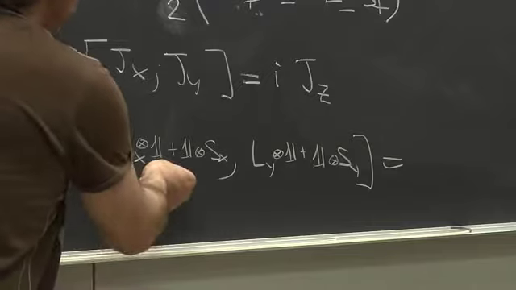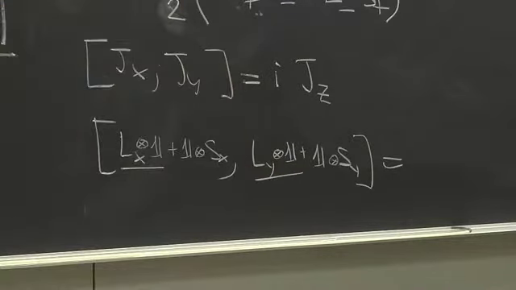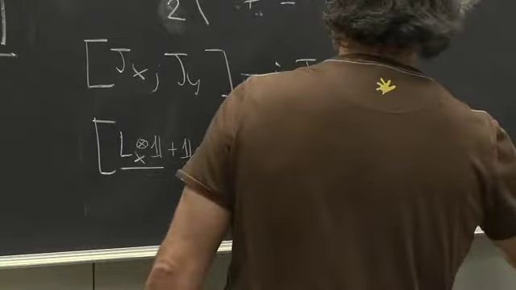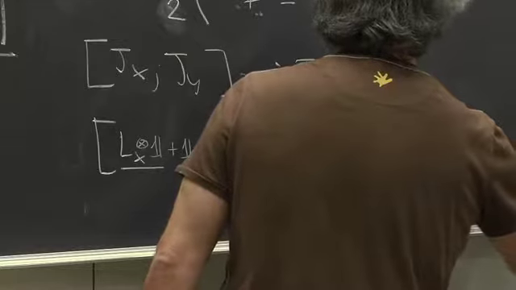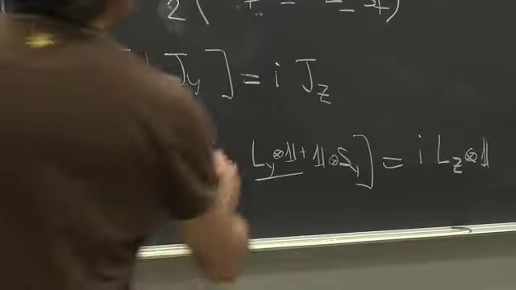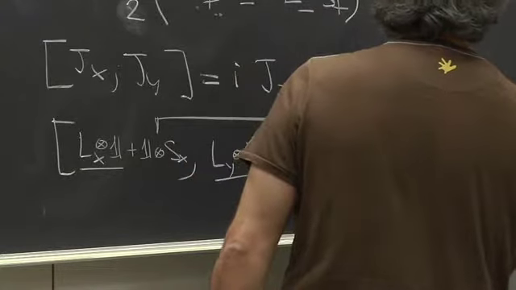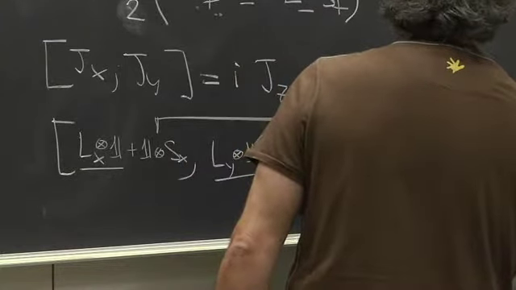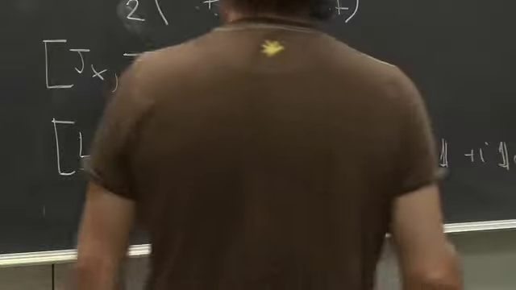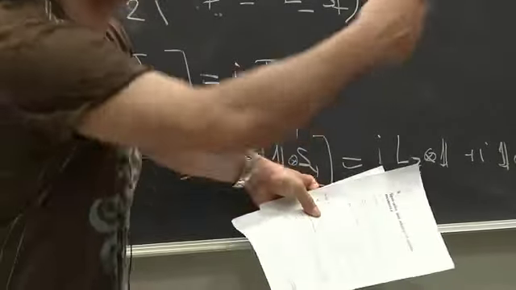You do the commutator of this times that, for sure. And how much is it? This is equal to i Lz times 1, because the 1 is untouched, okay? Then you can do the commutator of this with that. And this is equal to plus i 1 times Sz.